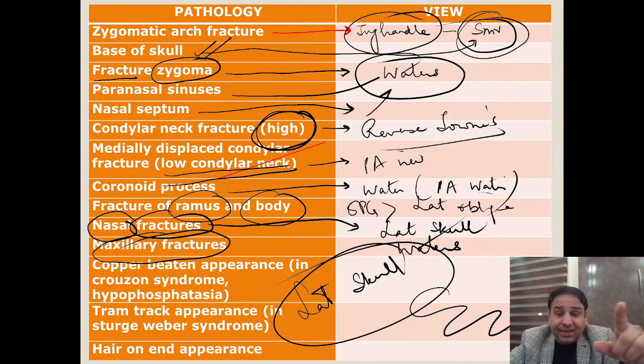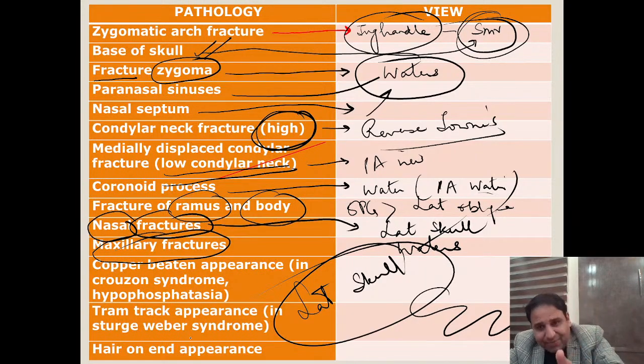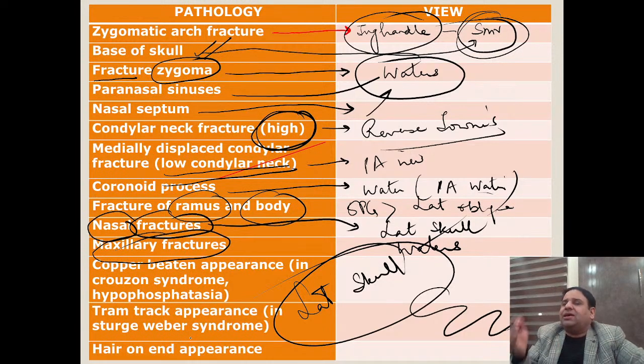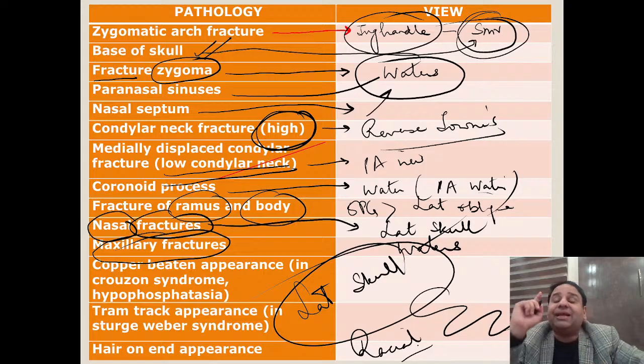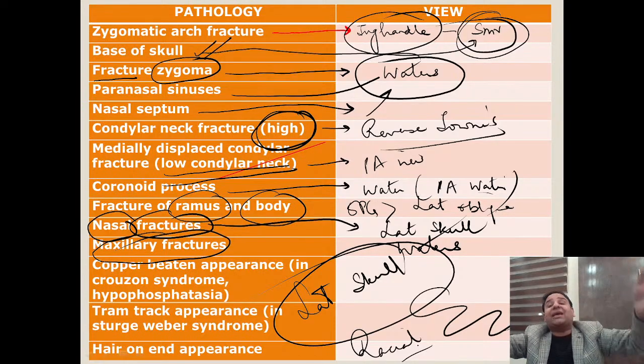Hair on end appearance is mainly seen in thalassemia but also seen in sickle cell anemia. Remember students, if they are asking hair on end appearance and saying that it is seen in blacks, so when racial predilection comes, they are expecting the answer sickle cell anemia.